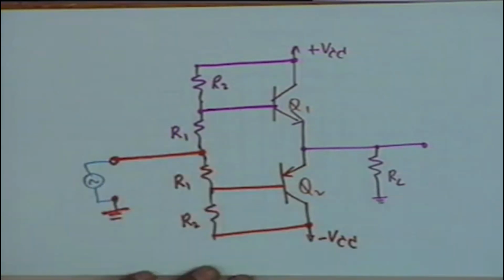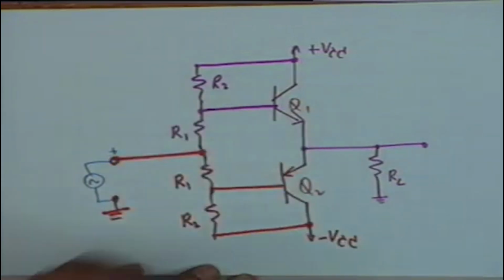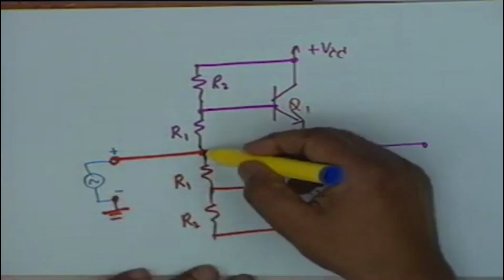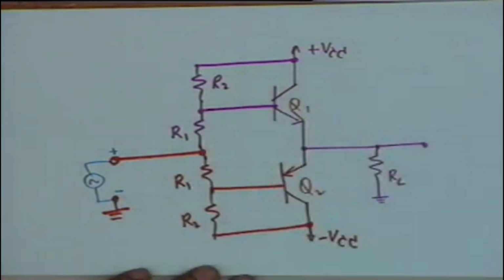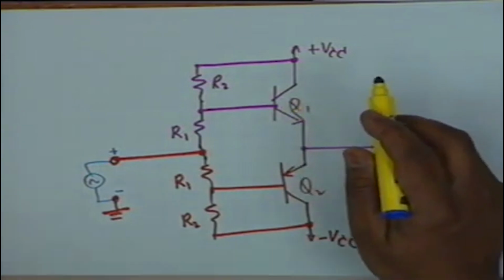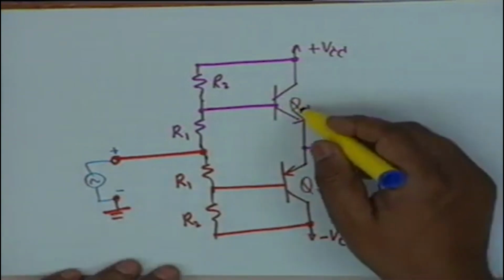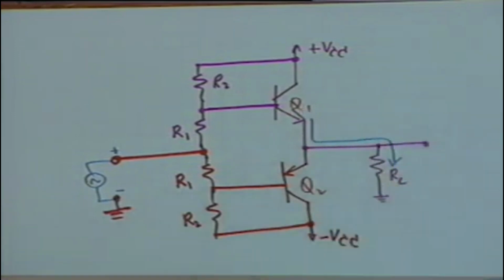When you connect a signal source here, when this terminal is positive with respect to this terminal, then current flows like this. So the NPN transistor conducts, and it allows a current to flow like this.